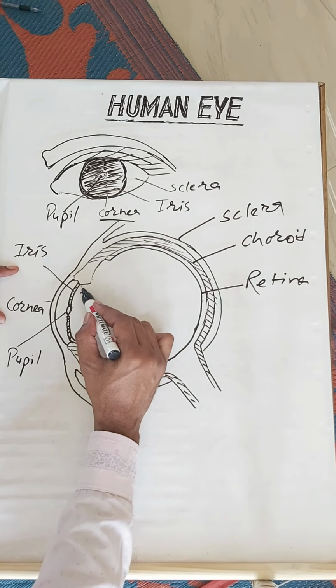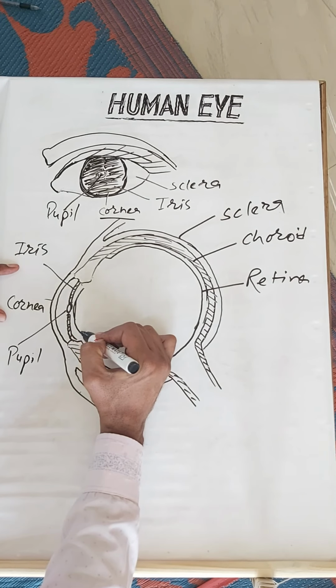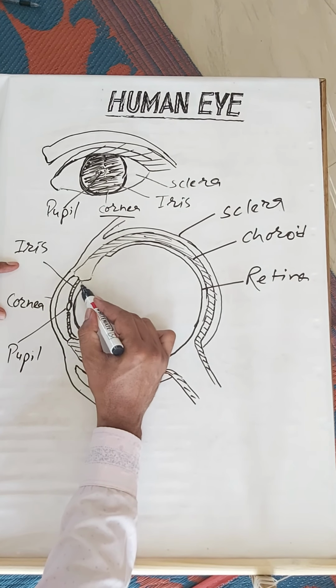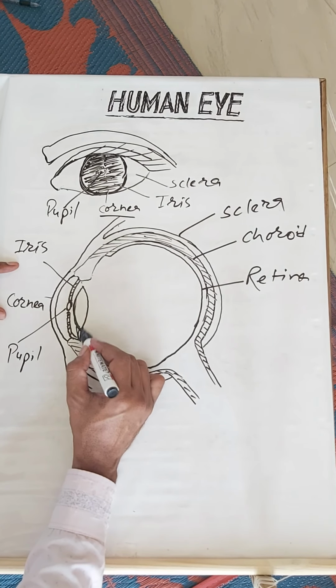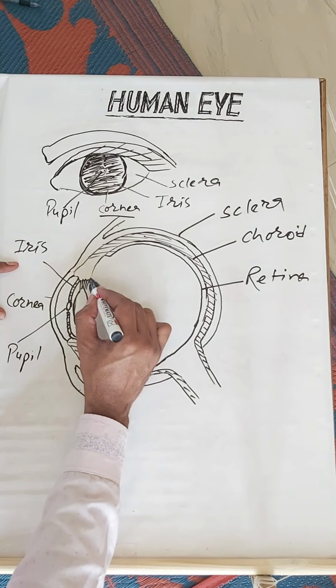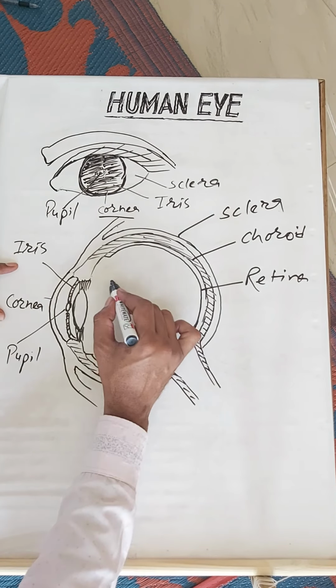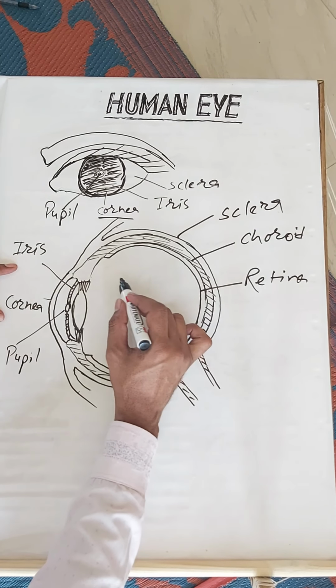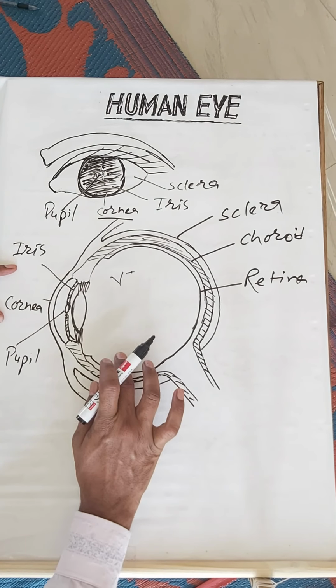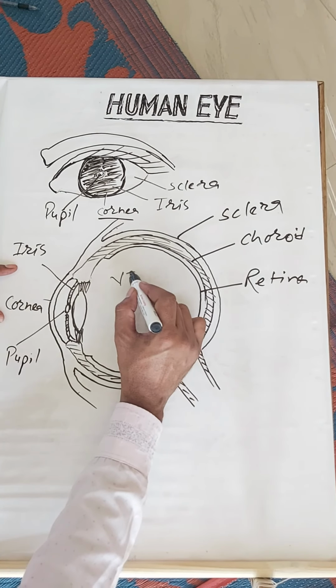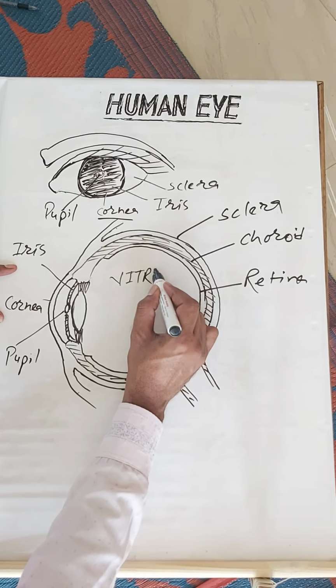Now next is lens. This lens is convex lens. Okay, and there are suspensory ligament which hold the lens. Okay, now in the spherical part inside the eye, one jelly like substance is present.